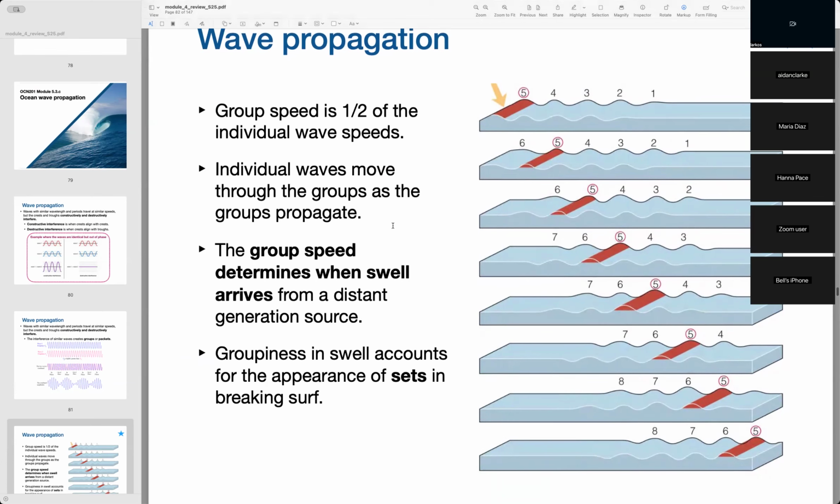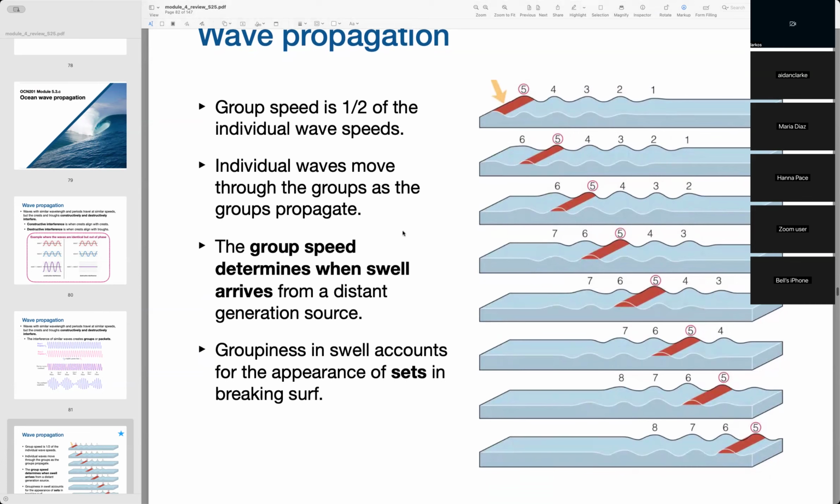The important part of this is that the speed of the crest tells you how fast a particular crest will approach a particular location. If you're interested, let's say, in when high surf will arrive at the North Shore, then it's not the speed of the crests that's important, but when this whole package arrives.